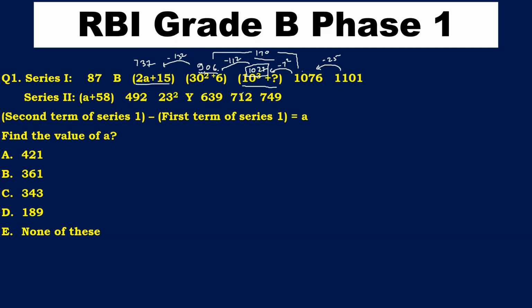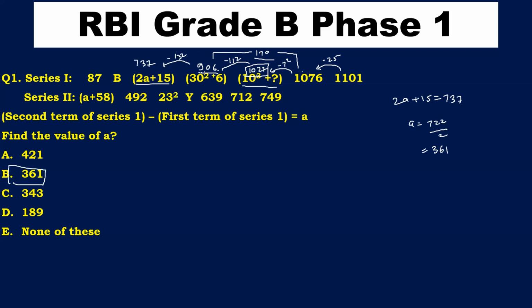So if this number is 737, that means 2a plus 15 is 737, so a will be equal to 722 upon 2, that is 361. They're asking what is the value of a, that is 361.